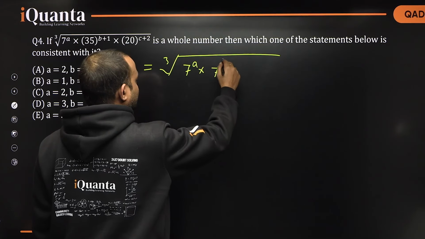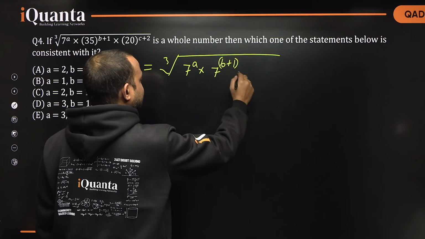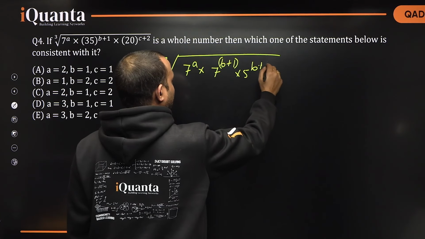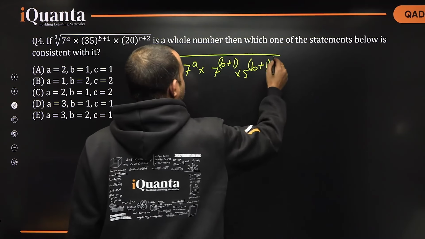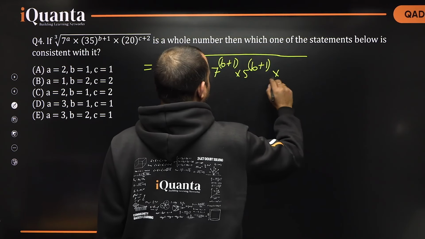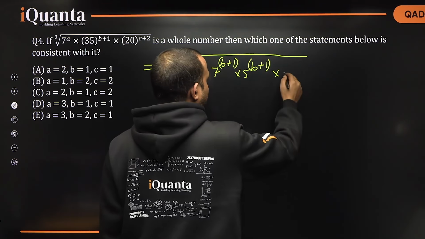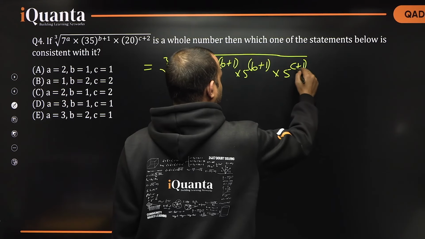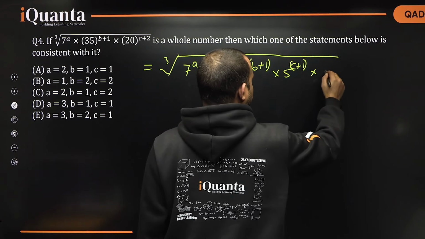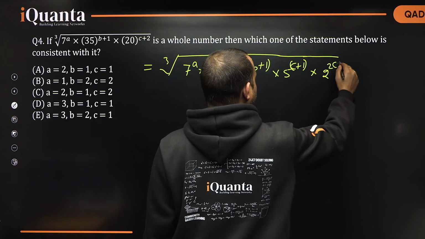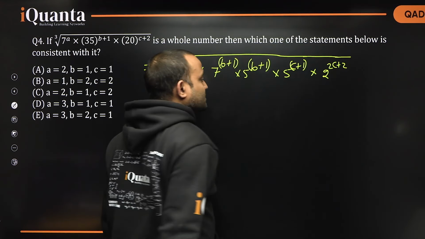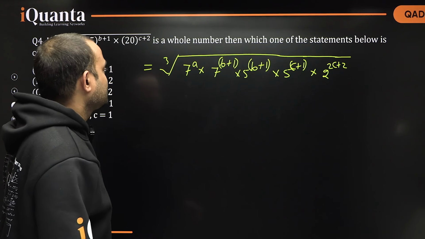So 7 to the power B plus 1 into 5 to the power B plus 1, into 20. 20 is 4 into 5, so 5 to the power C plus 1, and 4 can be written as 2 square. So this will be 4 to the power C plus 1, or 2 to the power 2C plus 2.